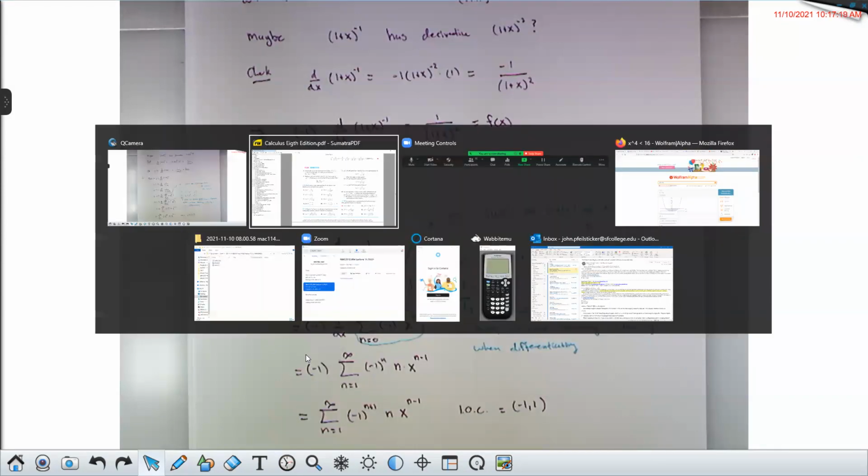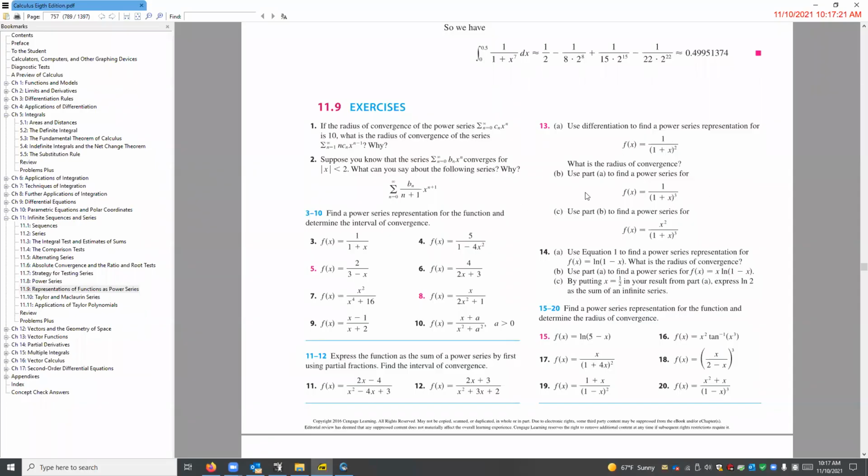There are more parts to question 13, and the WebAssign analog of this question I did put in your homework. So I'm going to go ahead and show you at least parts B and C. We can do these quite quickly.